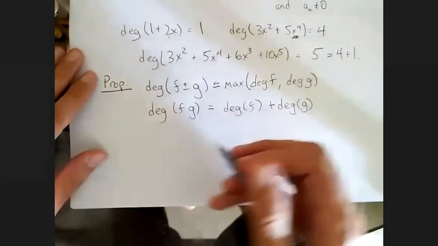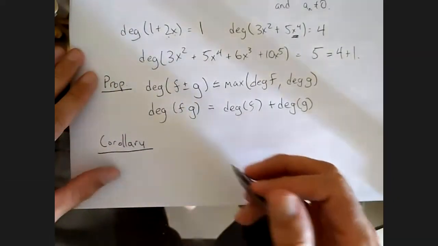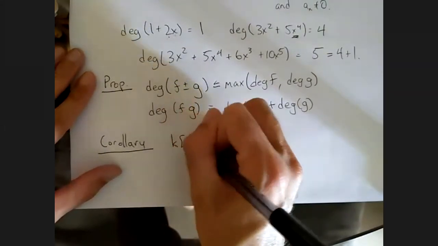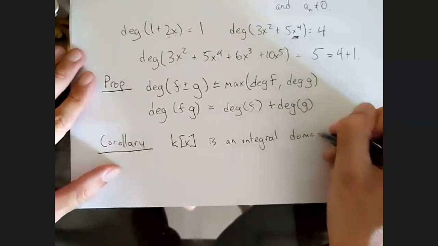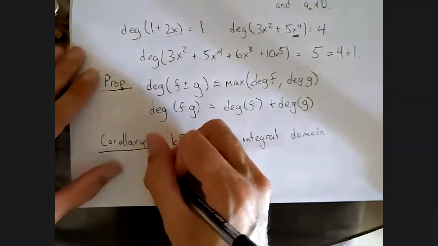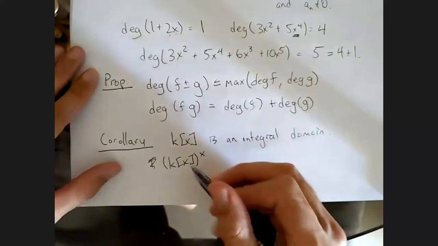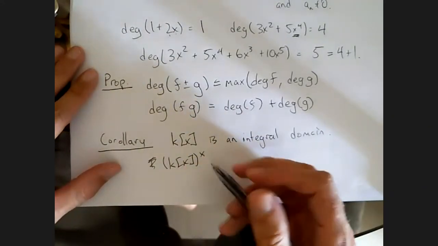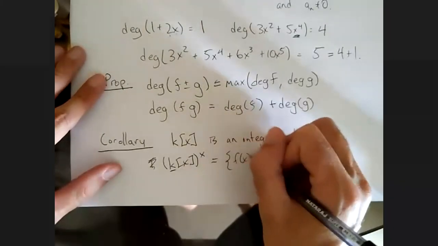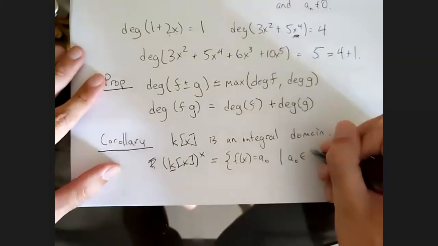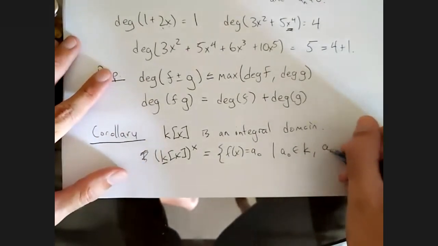Okay, and as a couple of corollaries, you get that K[x] is an integral domain, and the units of K[x], meaning the polynomials which have multiplicative inverses, are just the non-zero scalars in K. So it's such that a0 is in K, and a0 is not equal to 0.